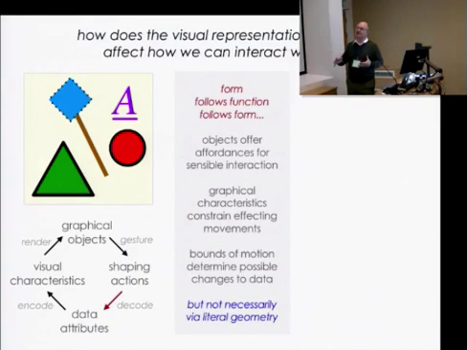They have these graphical characteristics. The shape of the thing that we're manipulating, like the circle or the triangle there, kind of constrain the movements that we can perform in a sensible way. And the bounds of motion that we perform determine the possible changes to the data, but it doesn't have to be literal geometry.